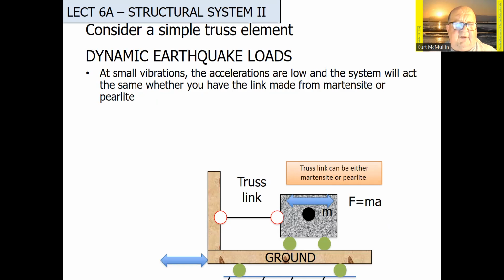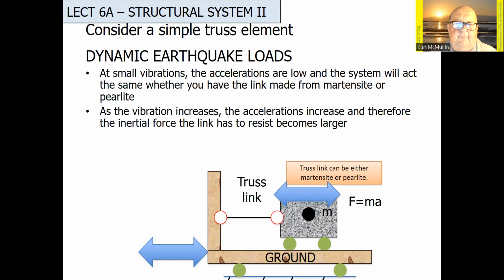We often think of them that way, but in reality it's a dynamic situation. The ground is shaking, and the mass is being pulled through the truss link to remain connected to the ground. As the vibration increases, the acceleration of the mass increases, thus the force in that truss link becomes larger.